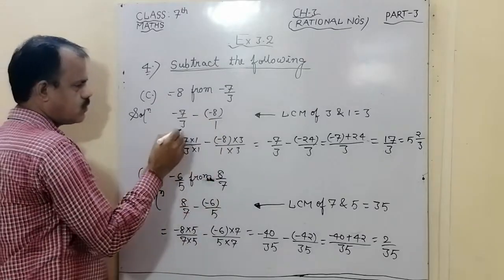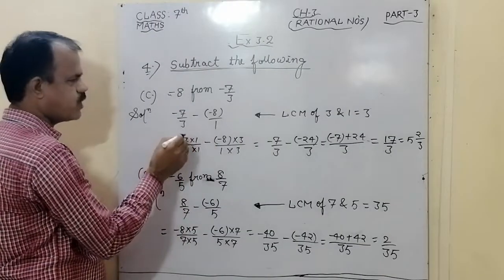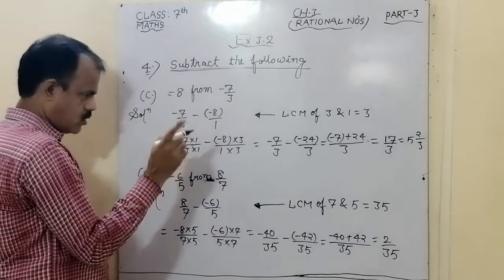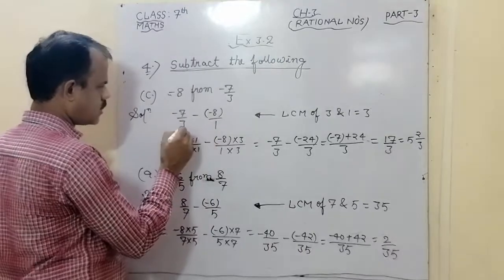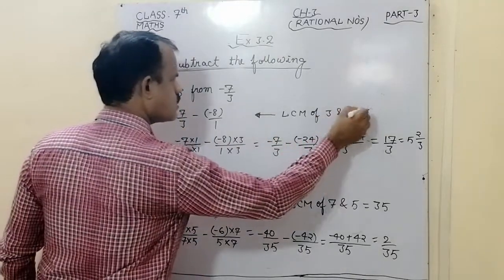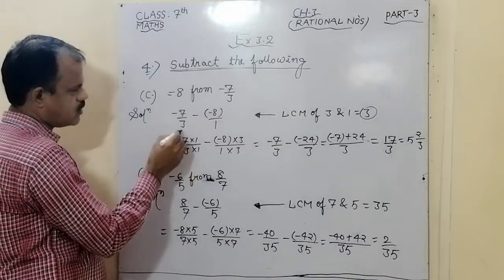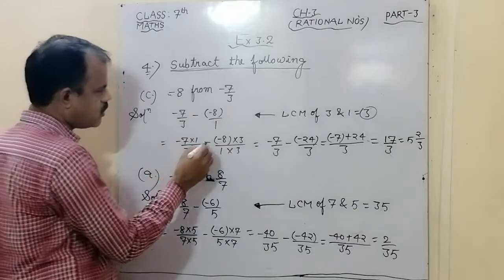Now see here, both the fractions are unlike fractions, so we have to convert these fractions into like fractions. Firstly we have to take the LCM of the denominators, that is 3 and 1, and the LCM of 3 and 1 is 3. Look here, minus 7 by 3, here it is already 3, so we multiply by 1 on both numerator and denominator.